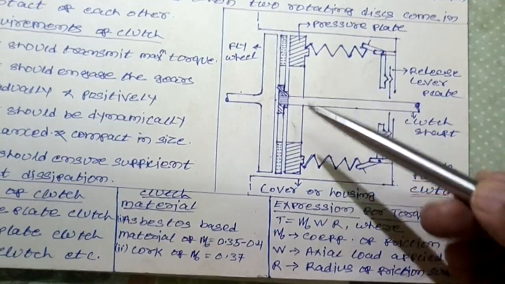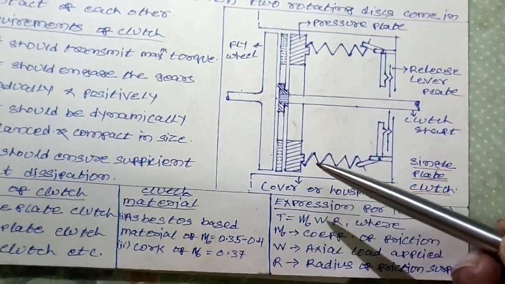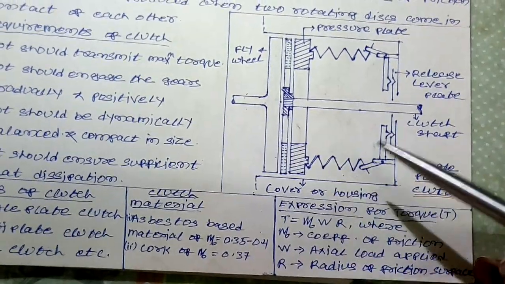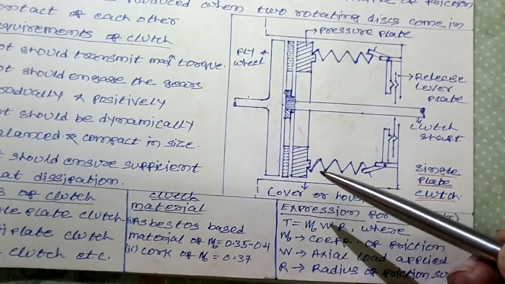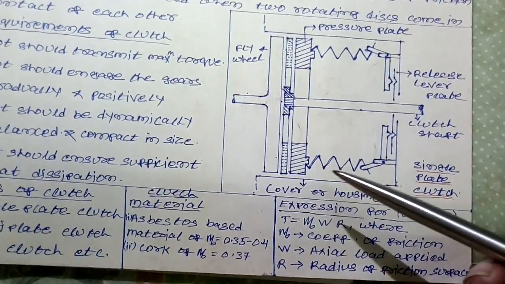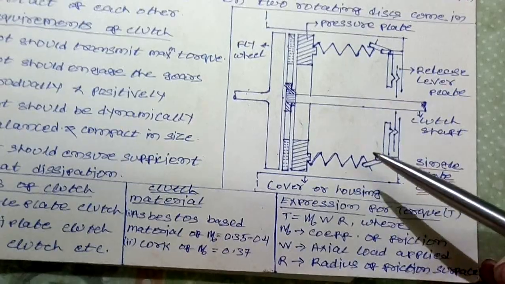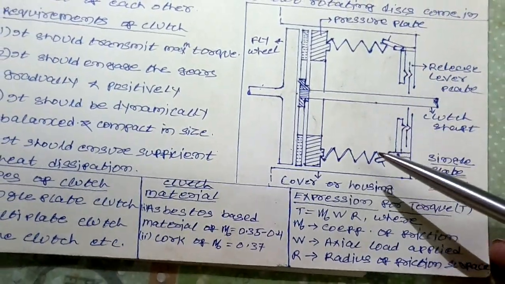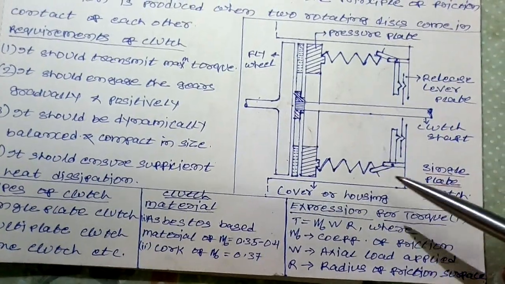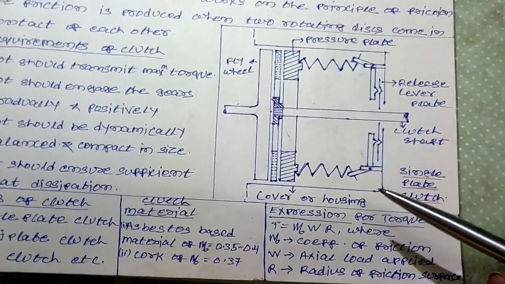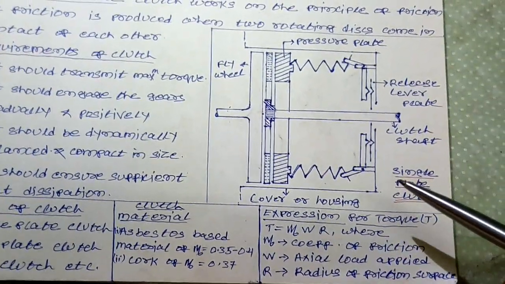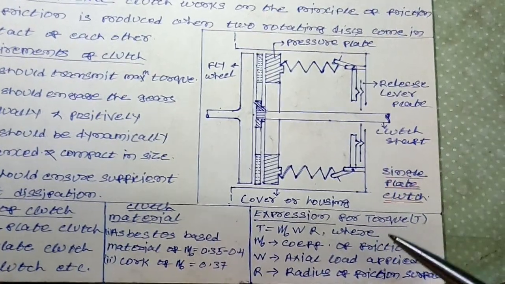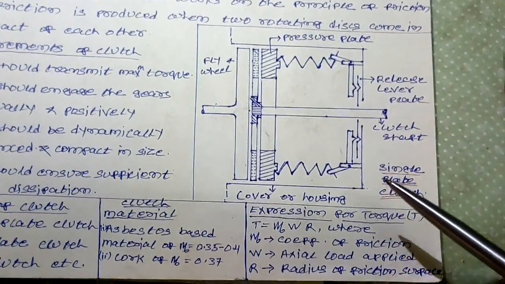The pressure plate is there. Okay, and see here, the pressure plate is connected by means of springs at its two ends. So in the case of a vehicle, when the driver presses the clutch pedal, what happens at that time?